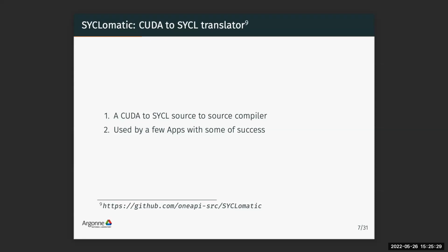So the first thing is a lot of people already have some code, most of them in CUDA. So Intel provides SYCLomatic, which is a translator from CUDA to SYCL, sorry. So it takes your CUDA code and generates some SYCL code. It's used by a few apps I am aware of, and they were pretty happy with it.